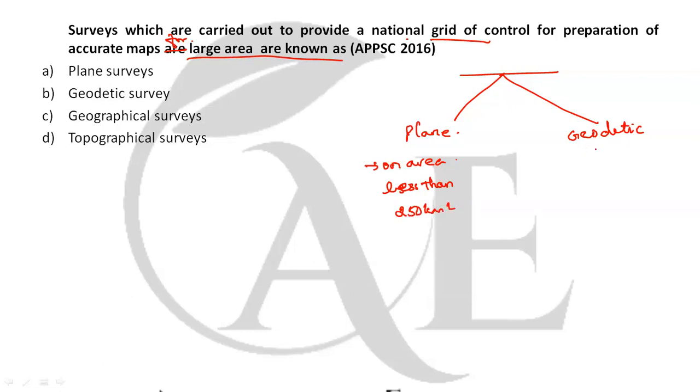Geodetic surveying is done on an area exceeding 250 square kilometers. So if you want to survey a larger area, option B, geodetic surveying, is the correct answer.